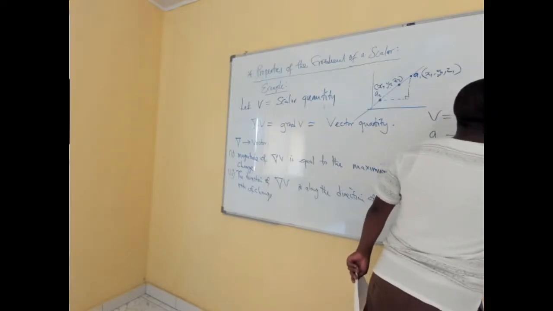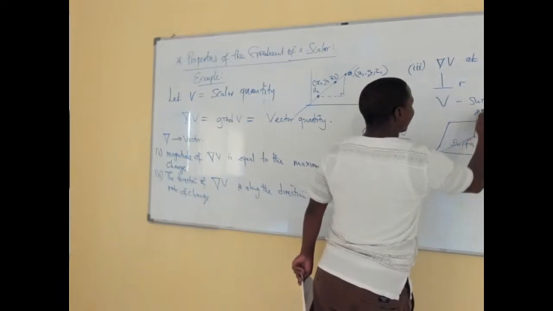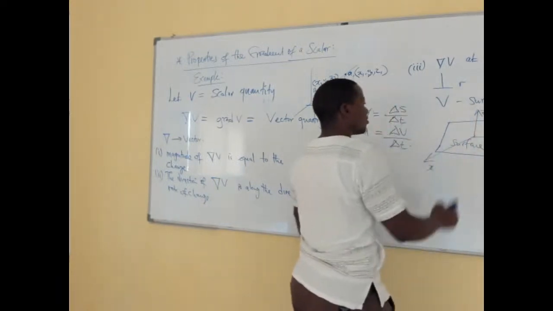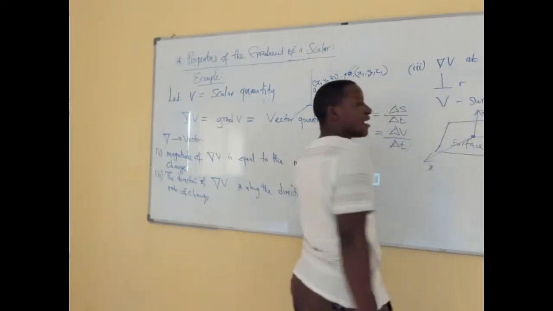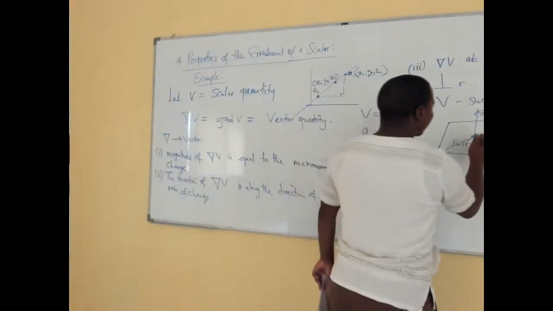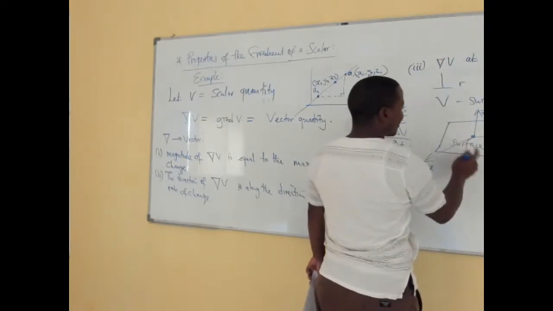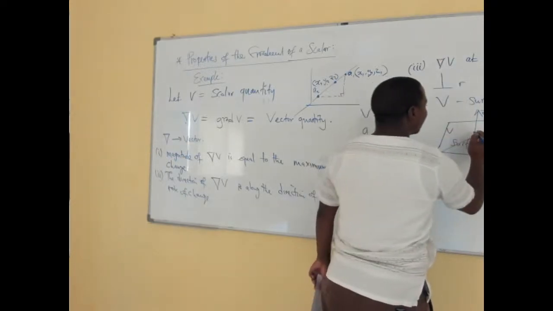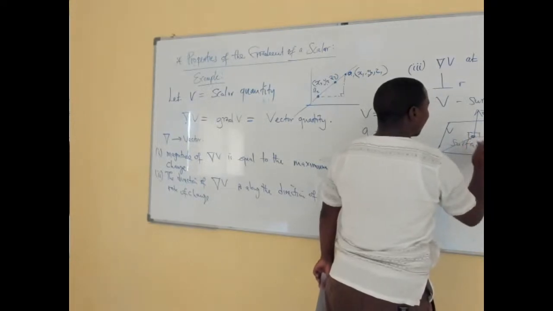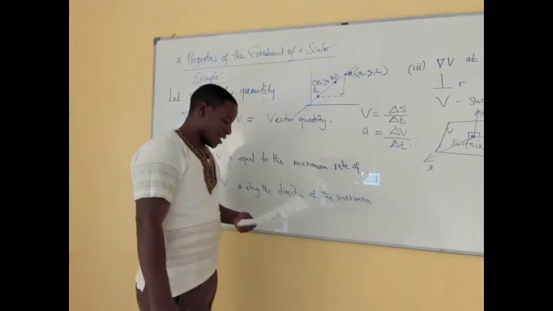This is your y, this is your x, and that is your z axis. So the implication is that the gradient of V, which is on the surface, will be in this direction, perpendicular to the surface here. That is the implication. All right.